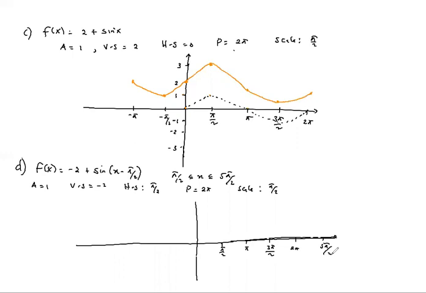Then amplitude 1, negative 1, of course there'll be a shift of negative 2. So we need negative 2, we also need negative 3, we need negative 3. We also need negative 2.